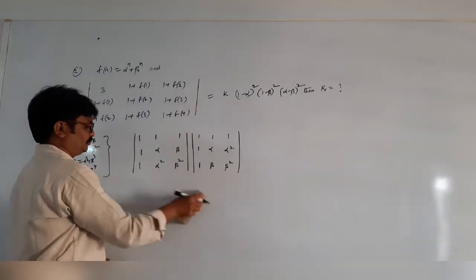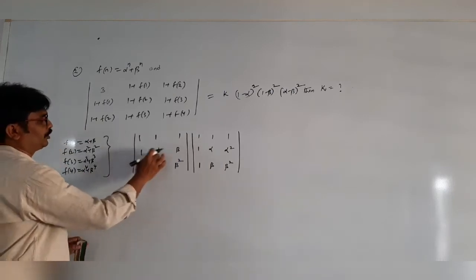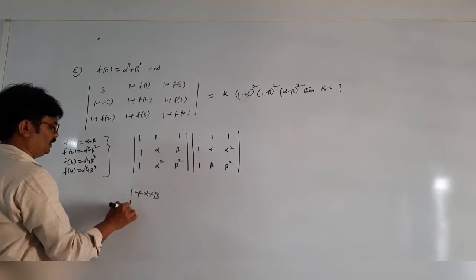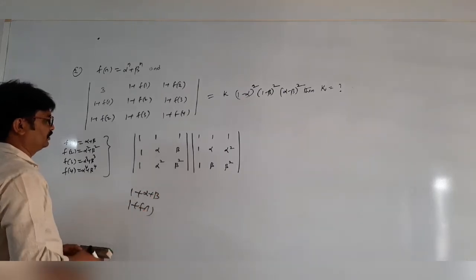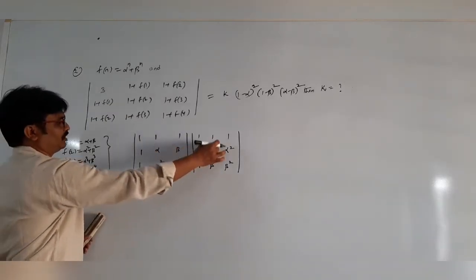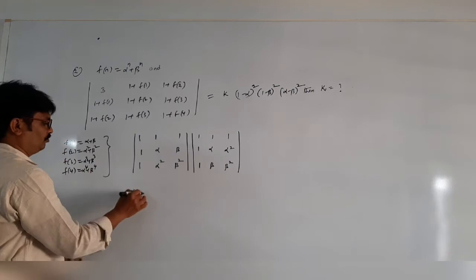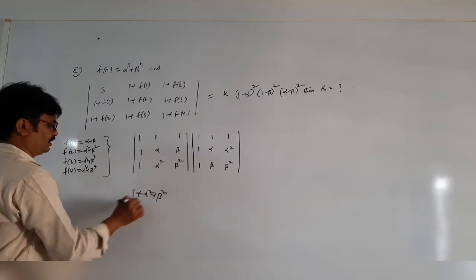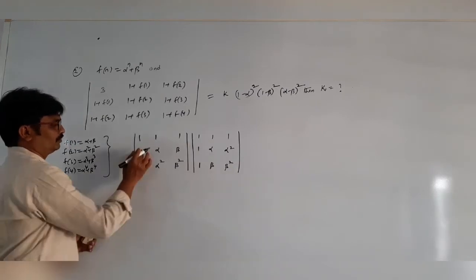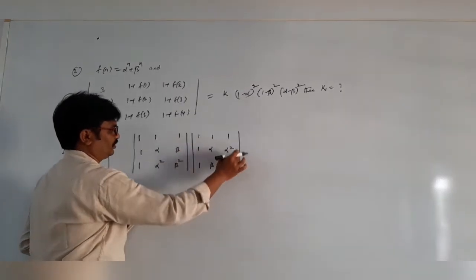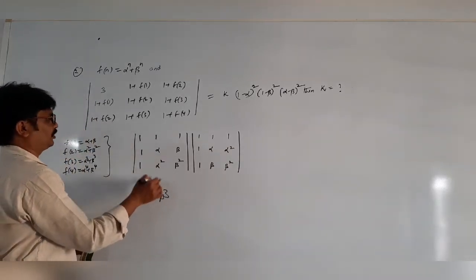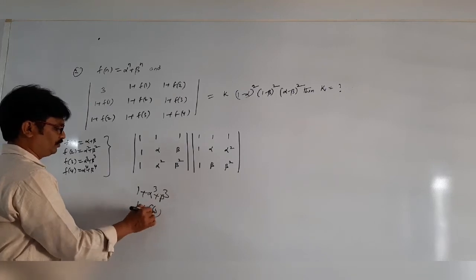Is it clear students? Now, the second row multiplied with the first column is 1 plus alpha plus beta, that is 1 plus f of 1. After that, the second row multiplied with the second column is 1 plus alpha square plus beta square, 1 plus f of 2. Okay students, right now the second row multiplied with the third column is 1 plus alpha cube plus beta cube, that is 1 plus f of 3.